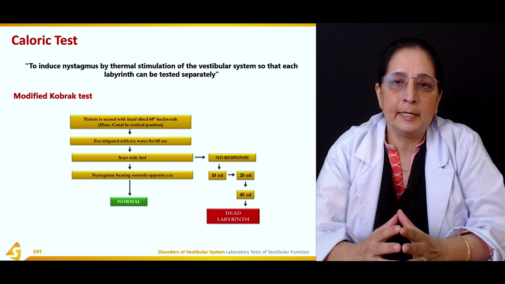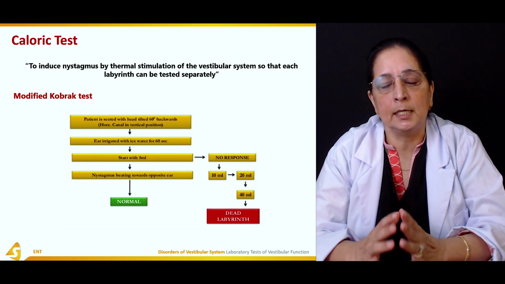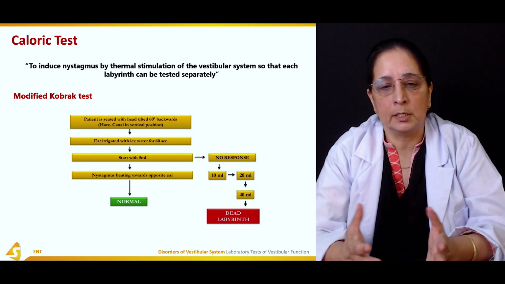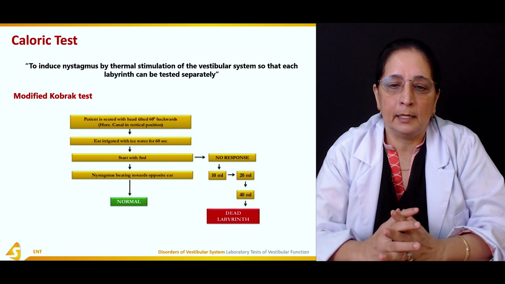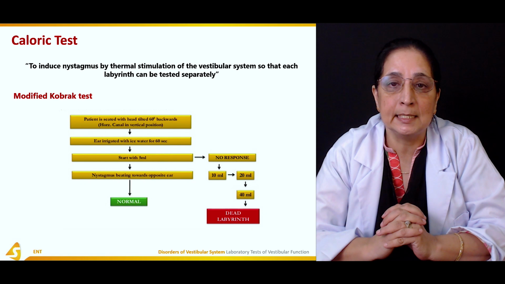So in Kobrak test, the normal finding is when the patient is sitting straight, head tilted 60 degrees backwards, and then the ear is irrigated with ice cold water for about 60 seconds.